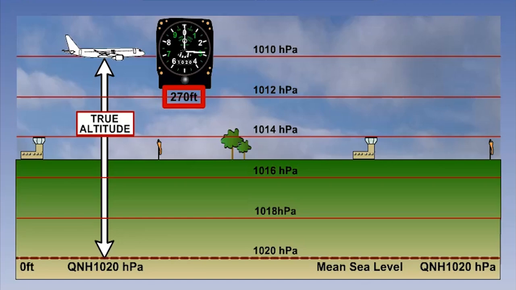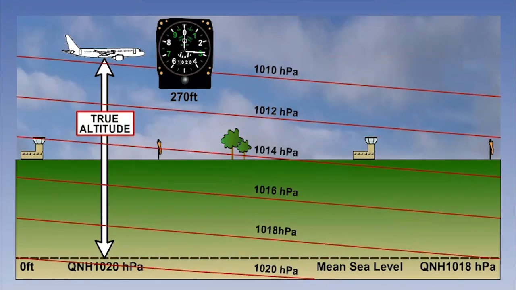To maintain a constant indicated altitude, we would have to ensure that the pressure surrounding the altimeter will not change. To do this, we must in essence follow an isobar. If the QNH at our departure airfield was the same as at our destination, the isobars would be roughly parallel to the true horizontal.